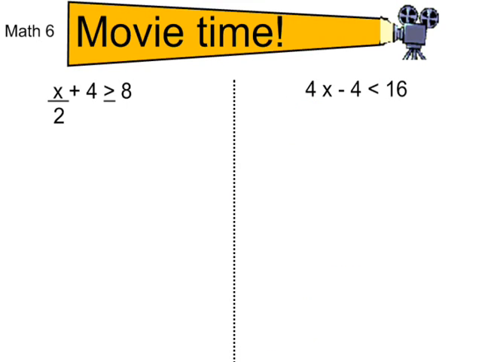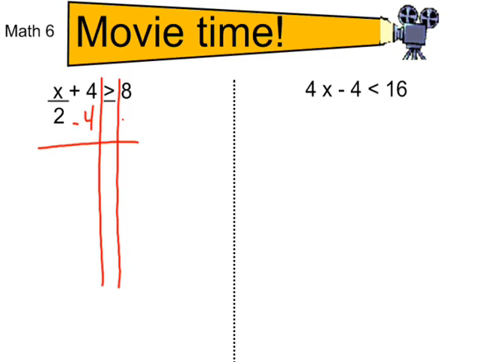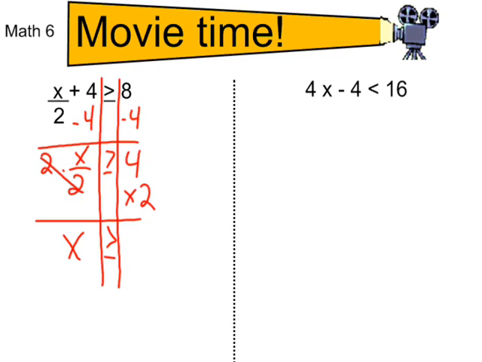So let's solve some of these inequalities. First, we'd get rid of the constant. And now we're left with a one-step inequality, and we're going to multiply by 2. So x would be greater than or equal to 8.